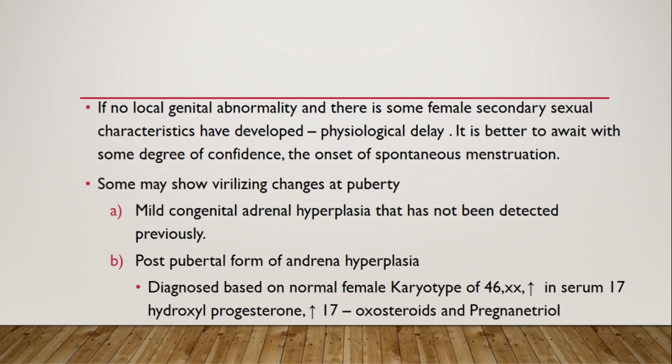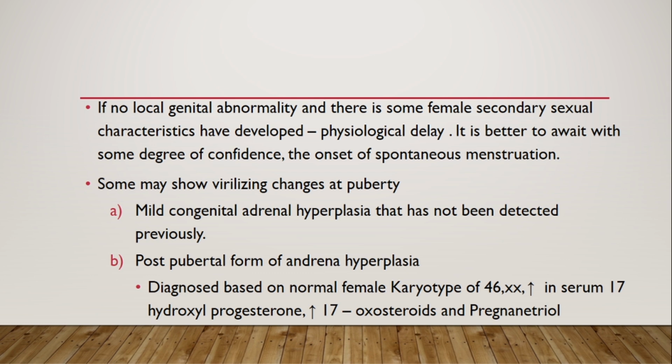Among those that show virilizing changes at puberty, two commonest conditions should come to mind: congenital adrenal hyperplasia and the post-pubertal form of hyperplasia. The third example is adrenal tumors.